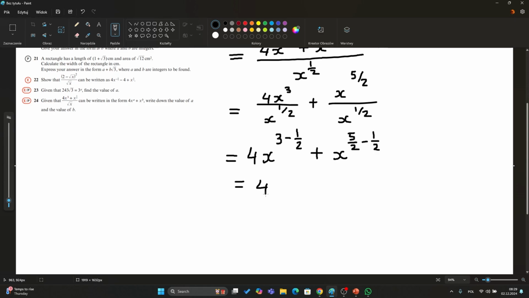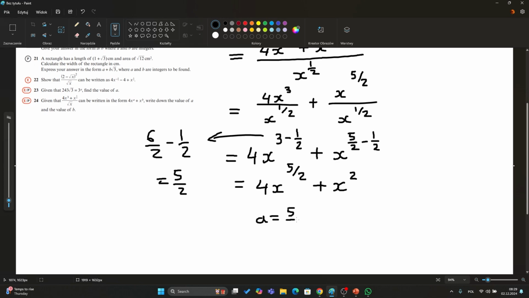And that is 4x, so that's the same as saying 6 over 2 minus a half, which is 5 over 2, so that is 5 over 2. And here we have 5 over 2 minus a half, so that is 5 minus 1 is 4, 4 over 2 is 2, so that's x to the power of 2. So what we have here is a is equal to 5 over 2 and b is equal to 2.